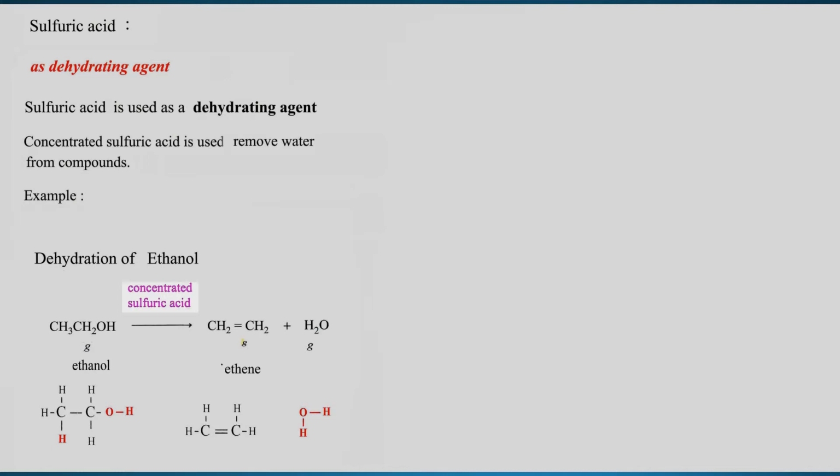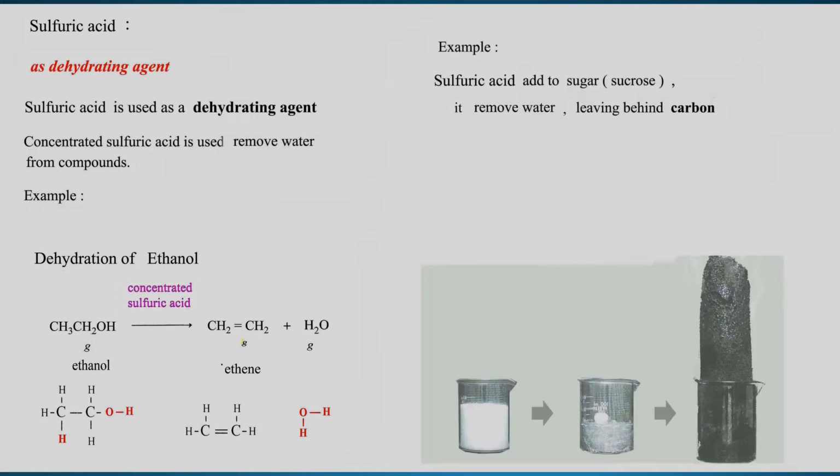And that's a dehydration reaction. Another spectacular experiment: if you add sulfuric acid to sugar, it will start to smoke, and soon blow up into a chimney of carbon. And this is also water removal.